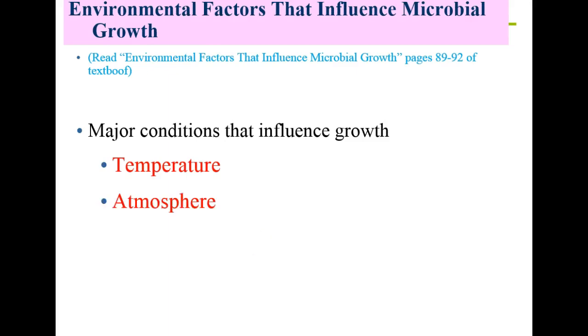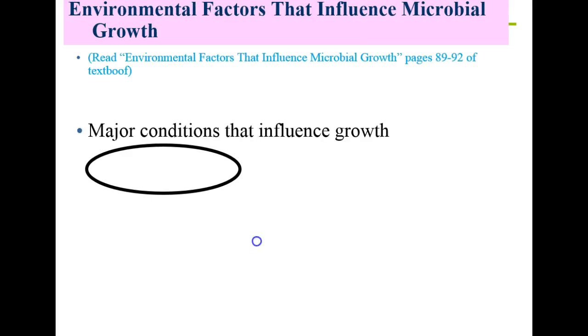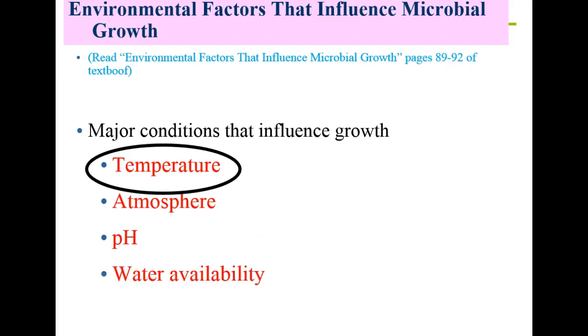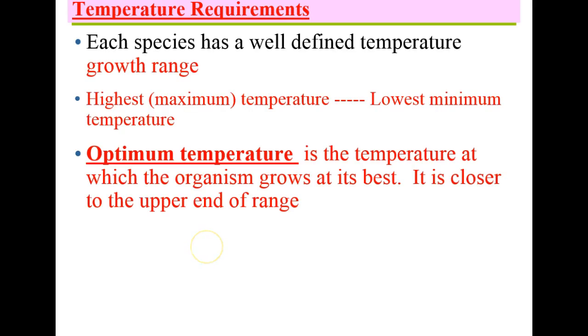Out of the major conditions that can influence bacterial growth, temperature, atmospheric oxygen, pH, and water availability, probably the most obvious one is temperature. Each species of bacteria has a defined growth temperature range.